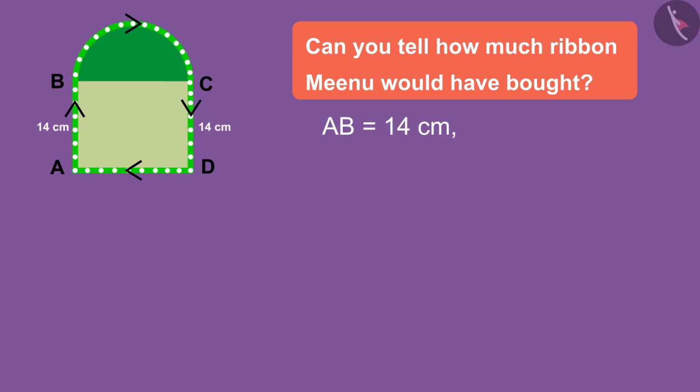Can you tell how much ribbon will be on the semicircular part? Perfect. The length of the ribbon applied to it will be half of the circumference of the circle on the side of the square. Can you tell what will be the radius of the circle formed on this side of the square?